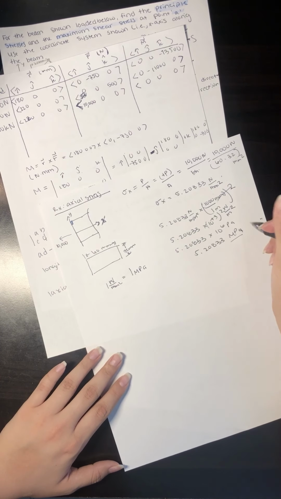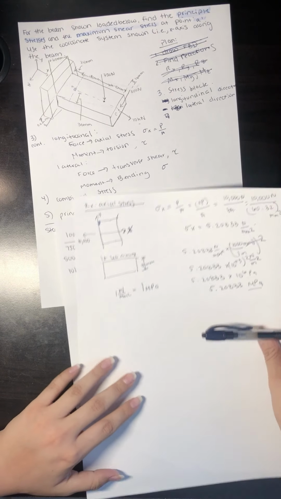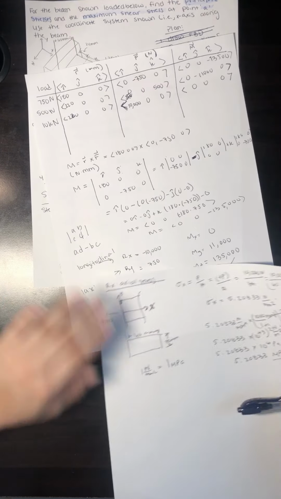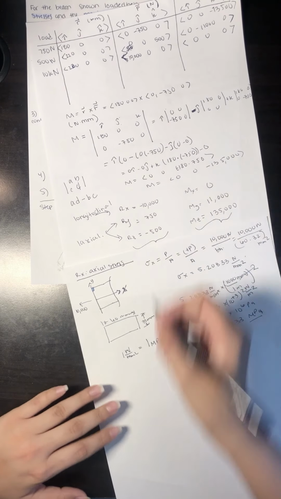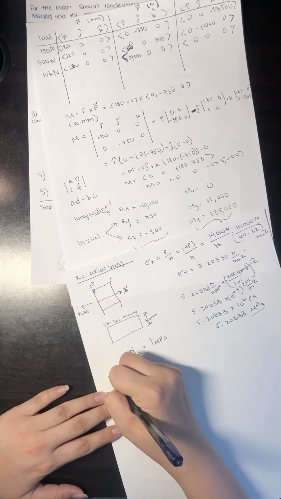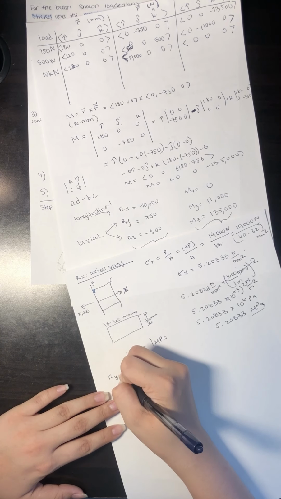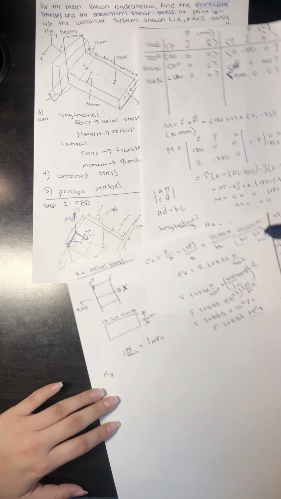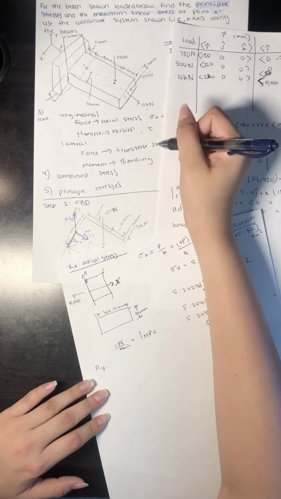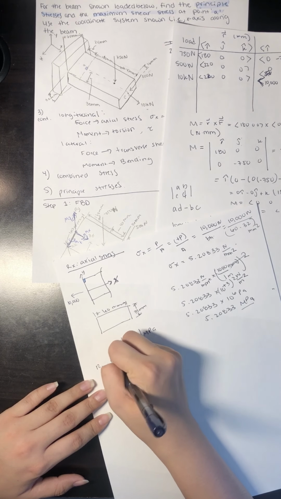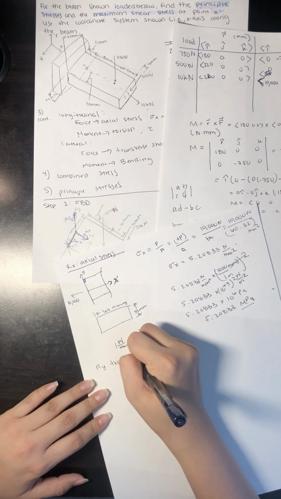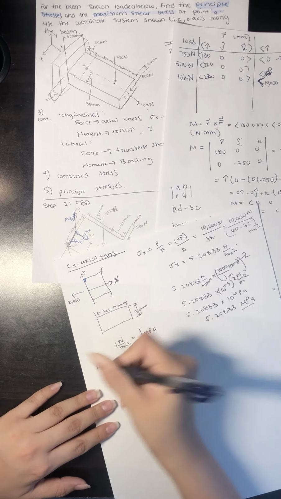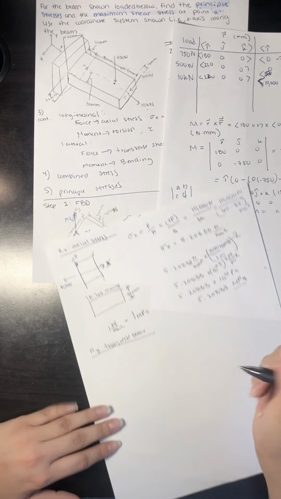Alright, so moving on to our next stress. Here you go, we have our latitudinal force. This will be, as we said before, lateral, we're going to have to use transverse shear. Transverse shear.